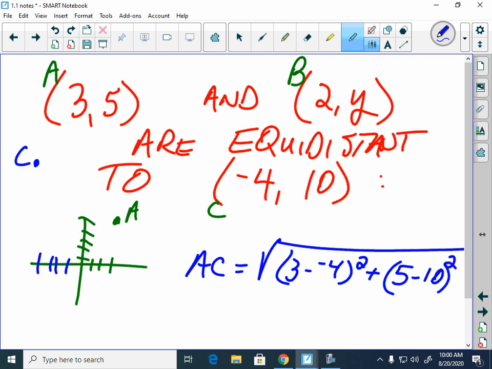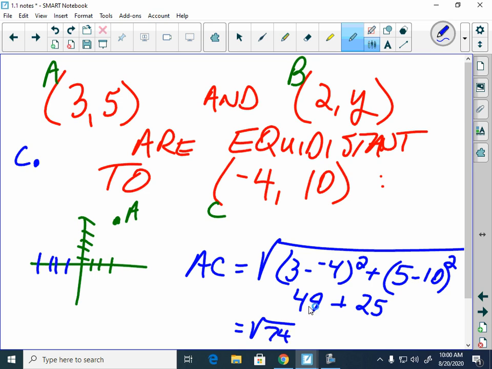Is it all coming back? Seven squared is 49. Negative 5 squared is 25. Square root is 74.